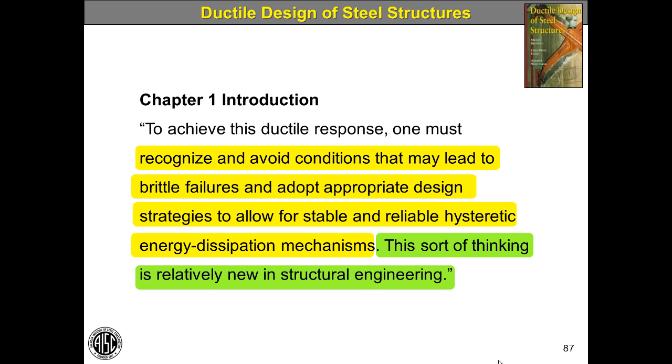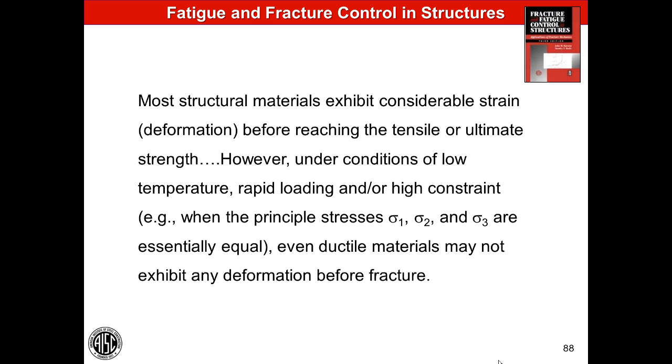Now, it may be new in structural engineering, but this has been known for quite a while. Here's the textbook written by Barsom and Rolfe. Their book, third edition, came out in 1999. And here's what they say. Most structural materials exhibit considerable strain deformation before reaching the tensile or ultimate strength.